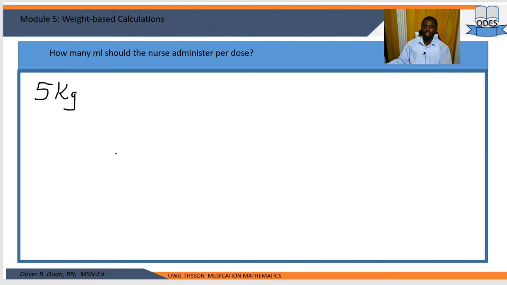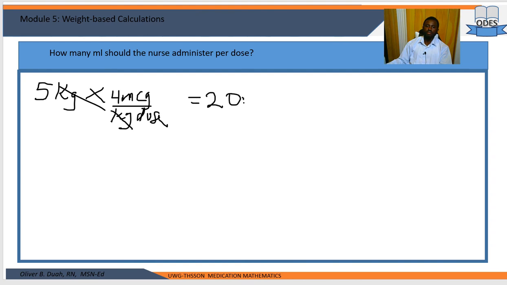Our ordered dose is 4 micrograms per kilogram per dose. So kilogram will cancel kilogram, and we have 20 micrograms per dose.